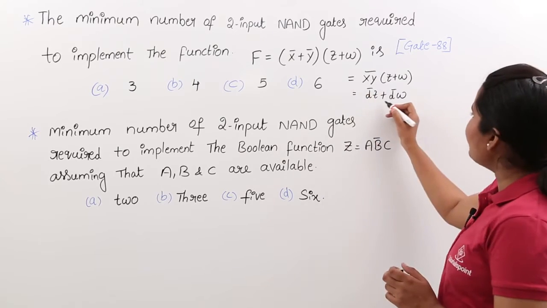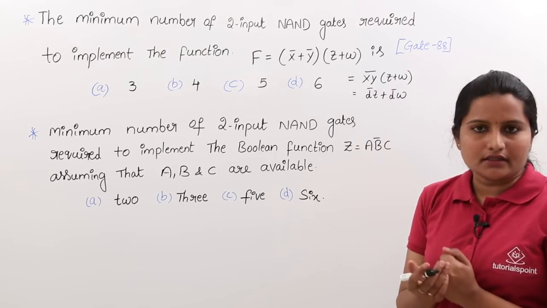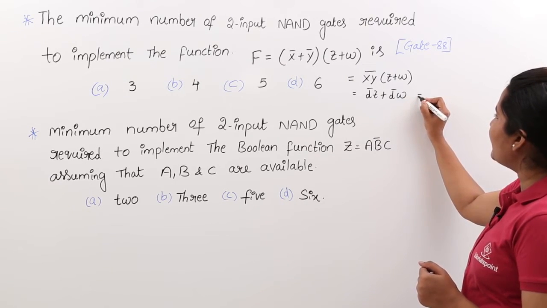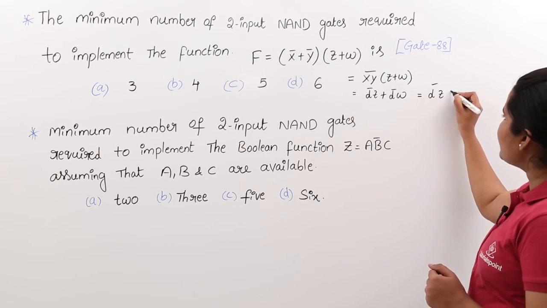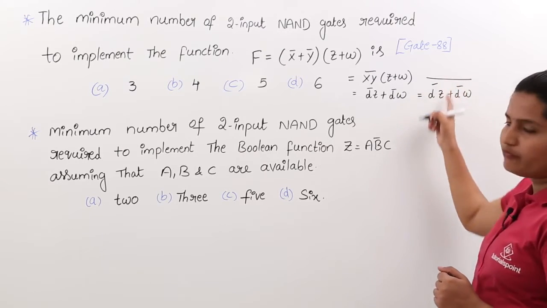So f bar is (d bar z + d bar w) whole bar, right.